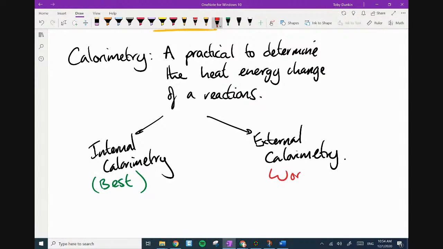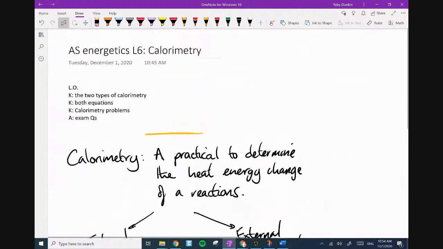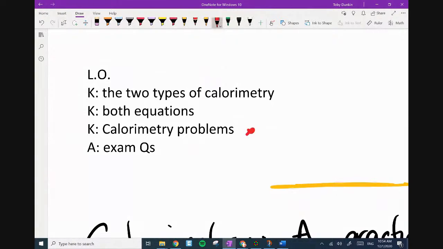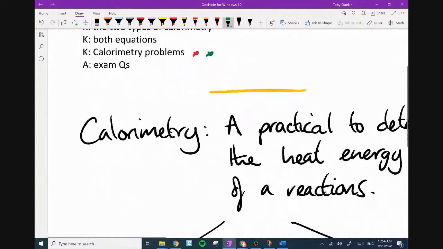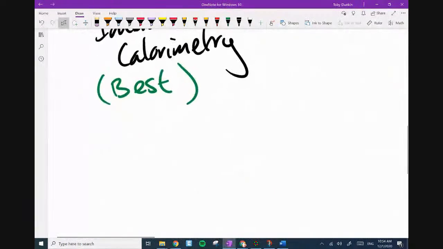This is worst. It's terrible. It's the most disastrous practical ever. Just gives you horrible results. Are just nowhere near what it's meant to be. But you need to understand both of these because this is where the calorimetry problems subdivide. They have very different issues, and we have to look at each one of them independently in terms of their problems.